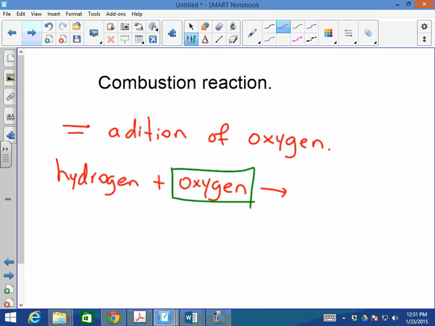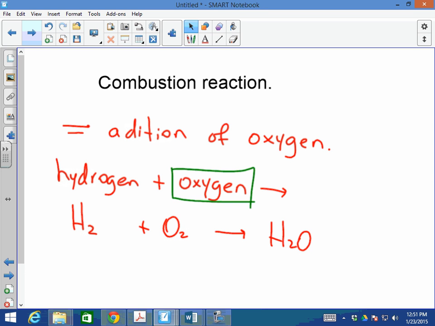Therefore, H2 diatomic element plus O2 diatomic element gives you H2O. Besides being a synthesis reaction, it is also a combustion reaction. Let's balance this out. 2 over here, 2 over there. We're good now.